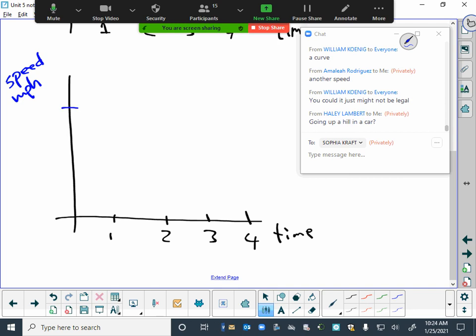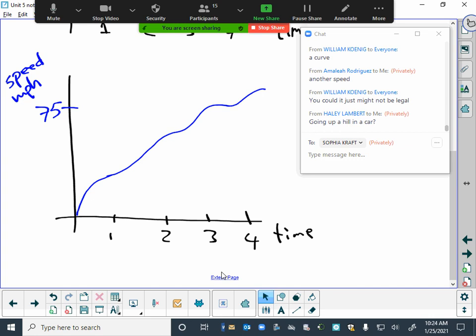And who knows, maybe we do have a 75 up here, but as I'm driving in my car, maybe my speed looks something, well, probably not that one back there. I don't have that kind of acceleration. All right. So, maybe my speed over that time looks something like that. Or maybe very different than that, but this is certainly a possibility.